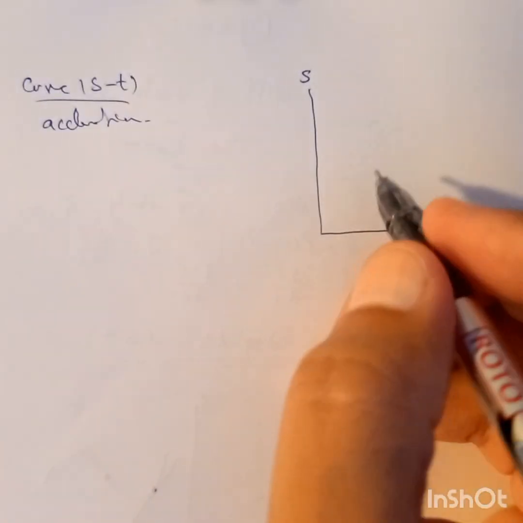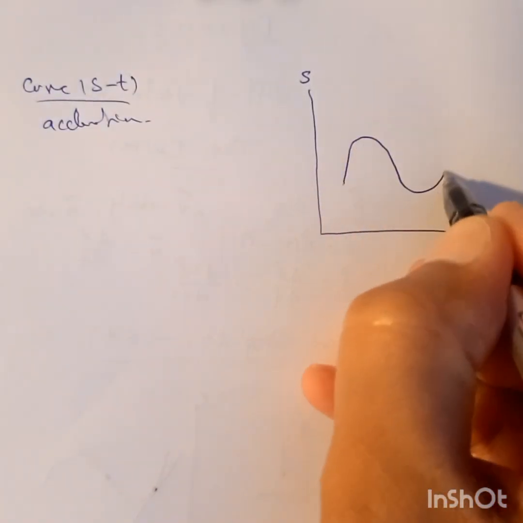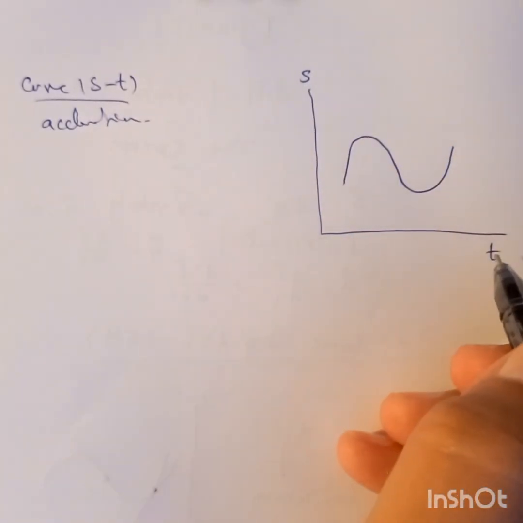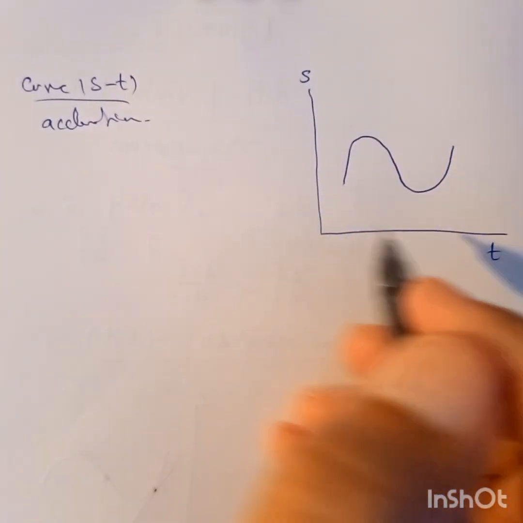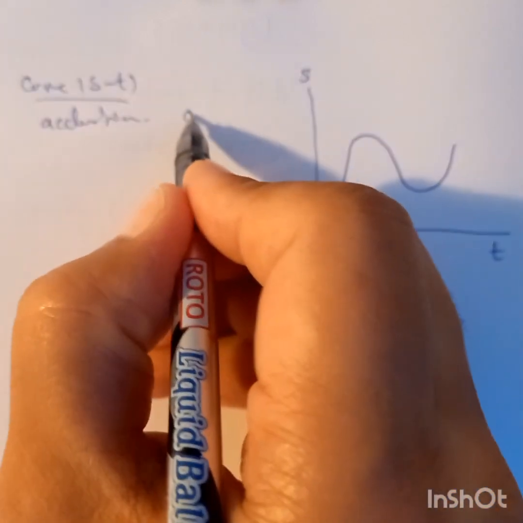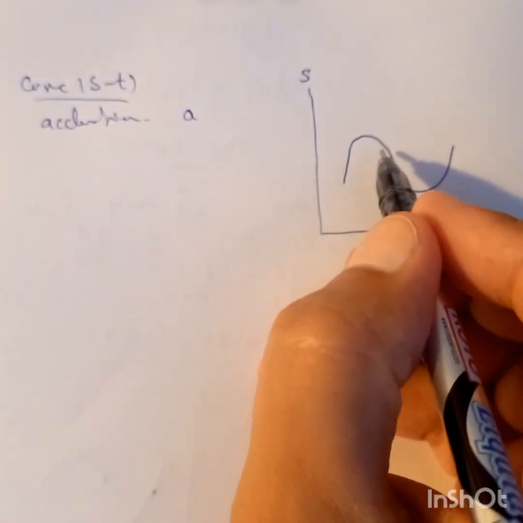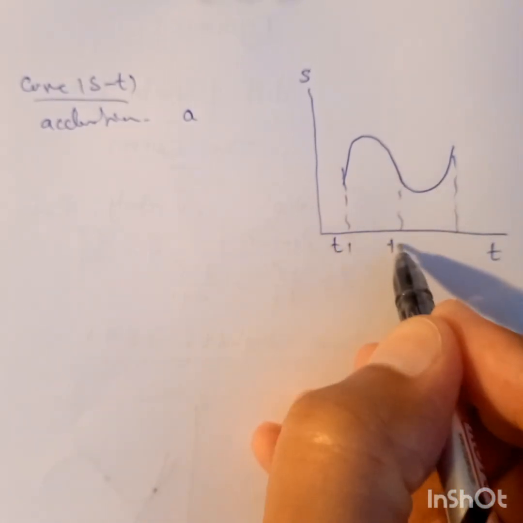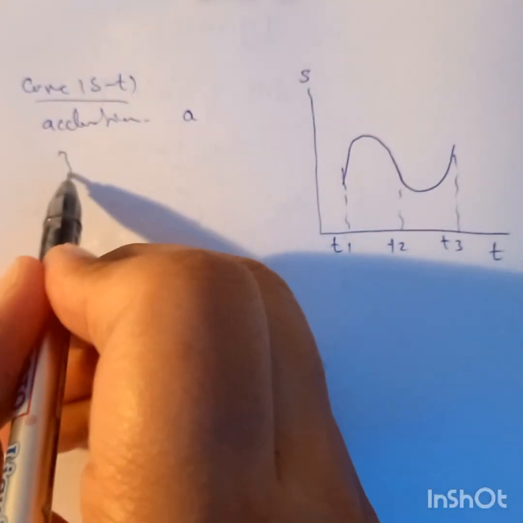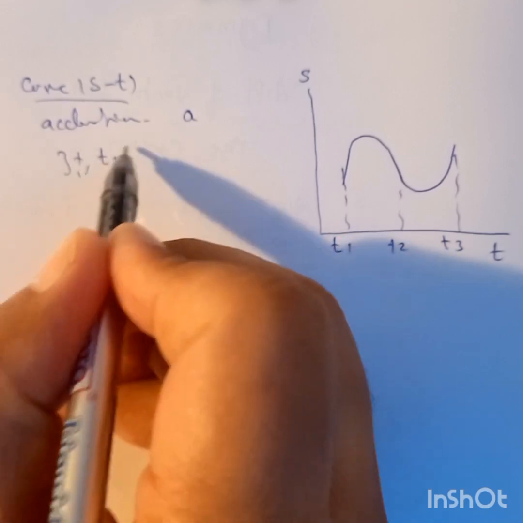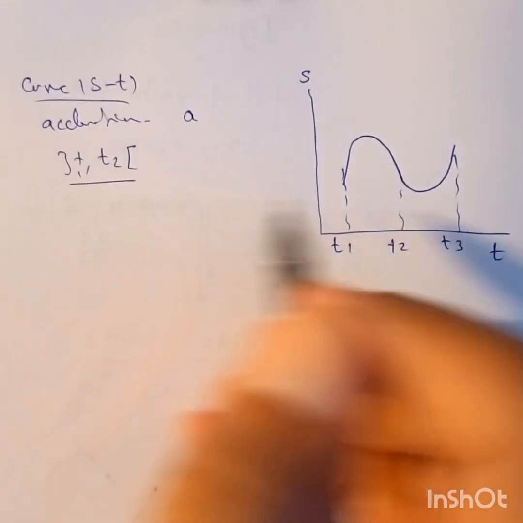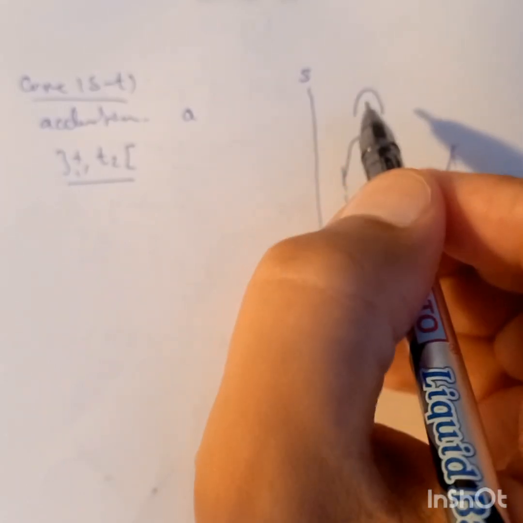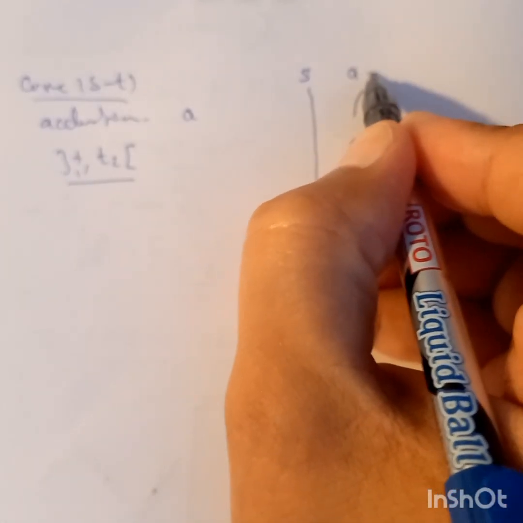If we have this curve, for example, representing the displacement of a body moving in a straight line with respect to time, then to find the sign of acceleration A, consider the time intervals t1, t2, t3. During t1 to t2, this open interval, the curve is convex upwards like this, then acceleration is a negative value.